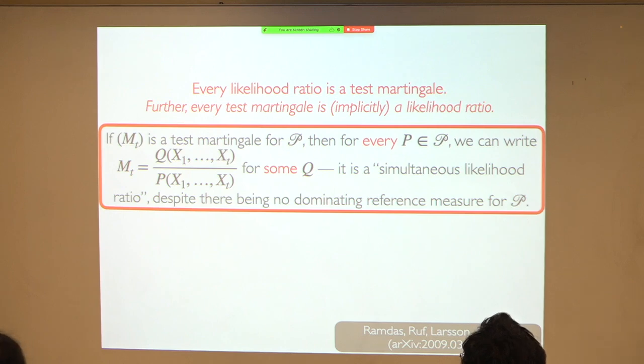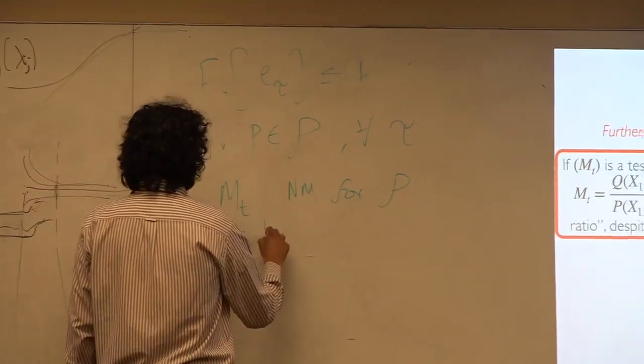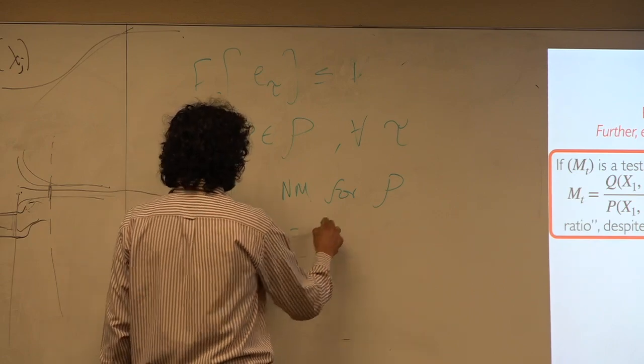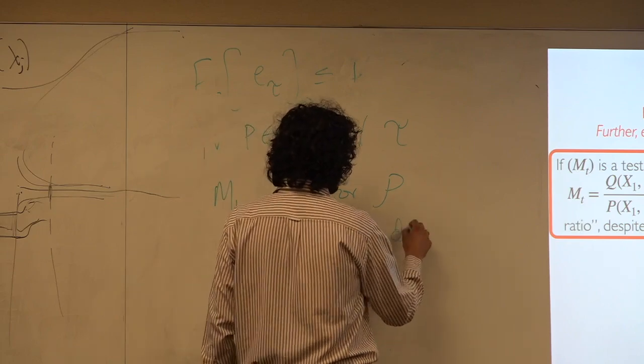This means my process M_t is simultaneously a non-negative martingale for script P. It's equal to dQ1 by dP1. It's also dQ2 by dP2. It's also dQ3 by dP3.